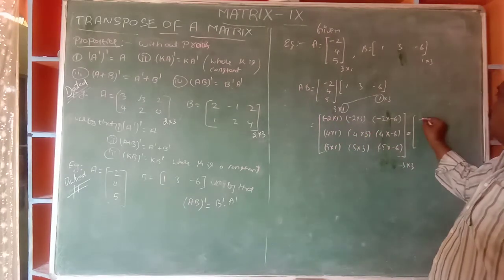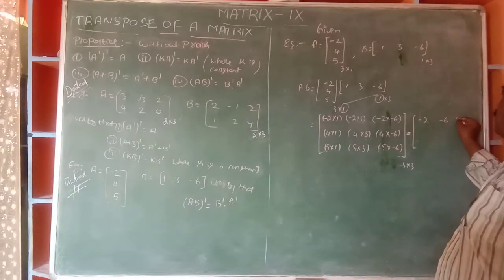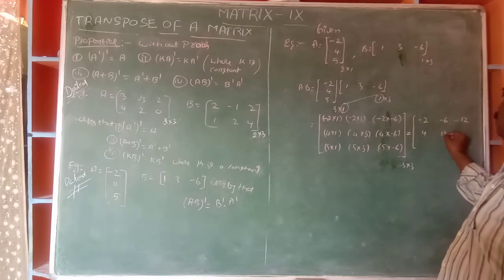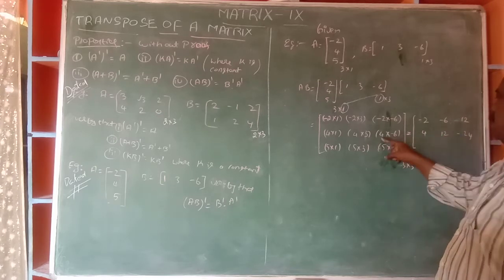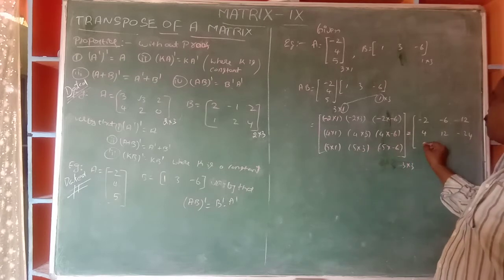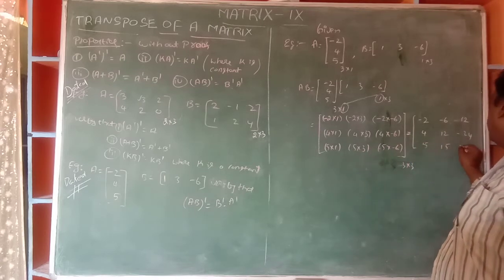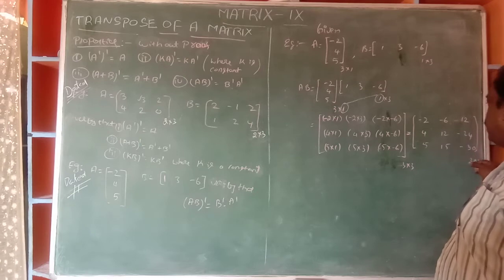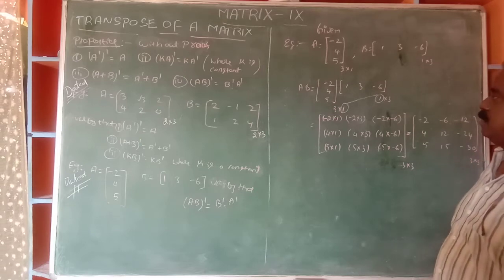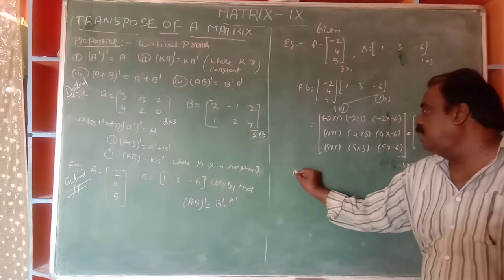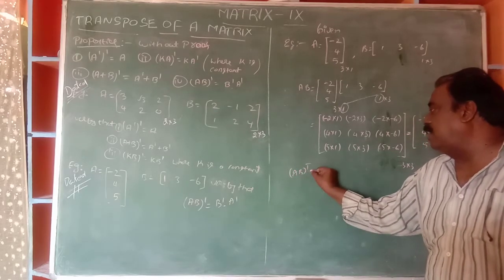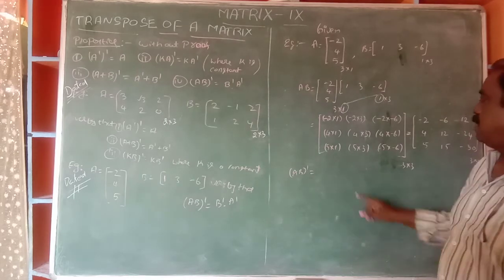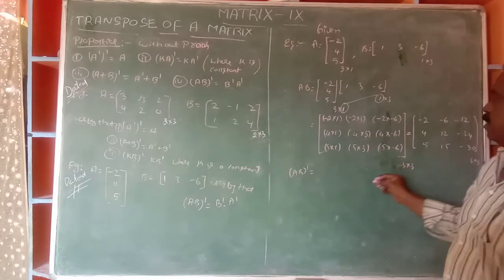-2, 3, -6. 4, 12, -24. 5, 15, -30. This is a 3 by 3 matrix. Okay now? Then (AB) whole transpose. What will be the AB matrix is this one.